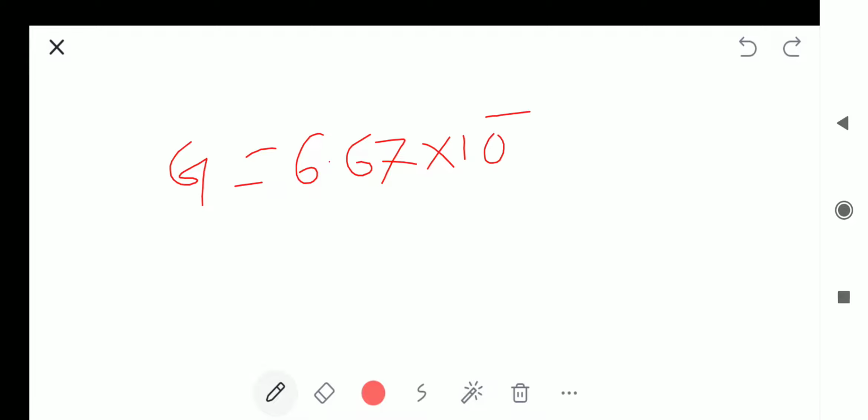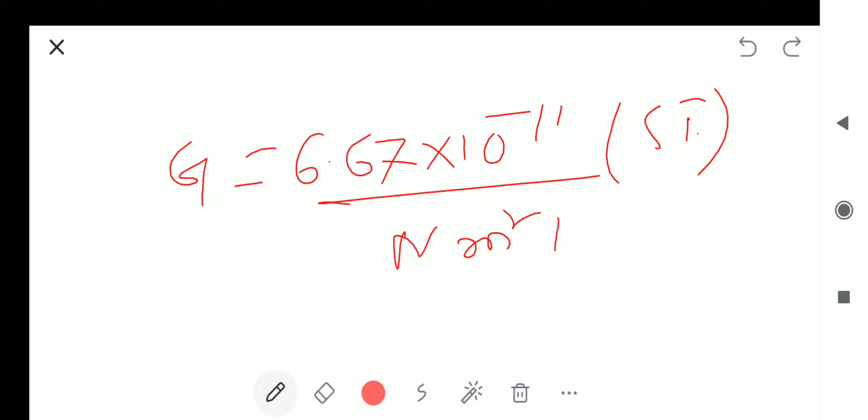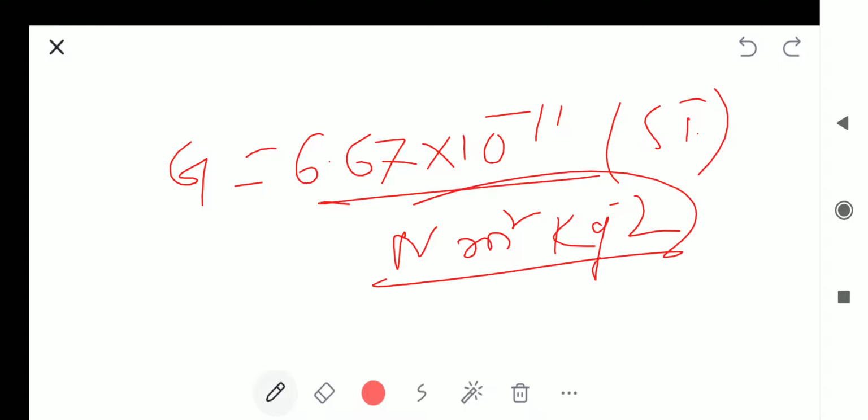The value of G is 6.67 into 10 to the power minus 11 in SI unit, that is Newton meter square kg to the power minus 2.